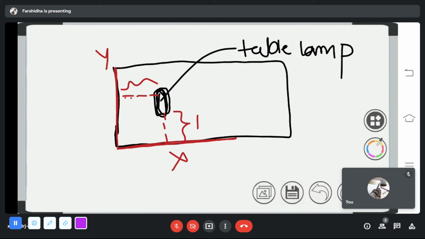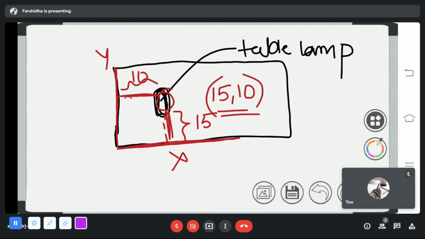So if say this is 15 centimeter, this is 10 centimeter, you can say this table lamp is 15 centimeter away from the x-axis and 10 centimeter away from the y-axis. So you can write the point as (15, 10). Like that you can describe the position of something.